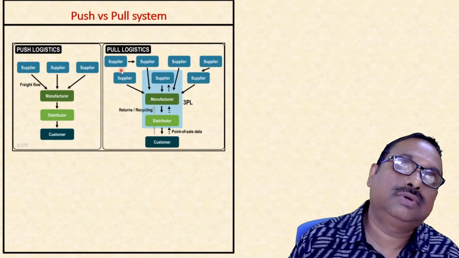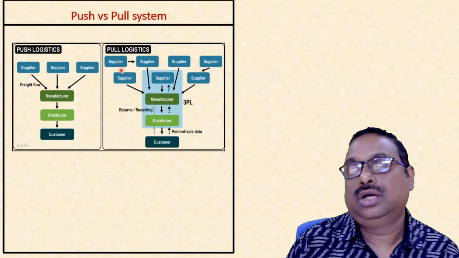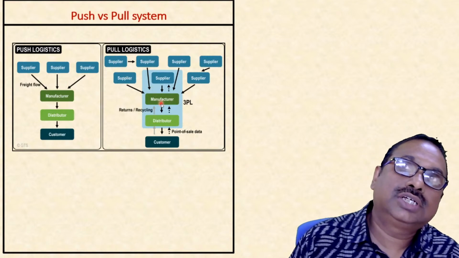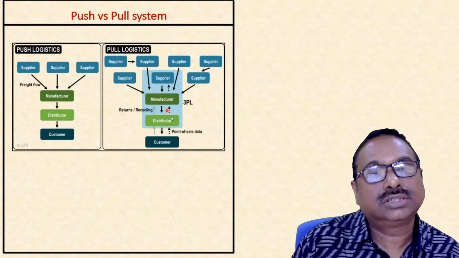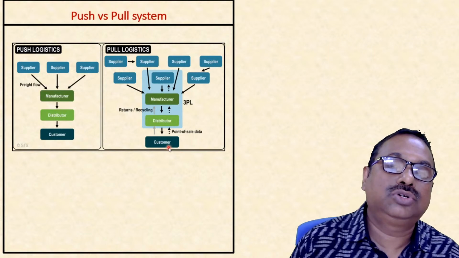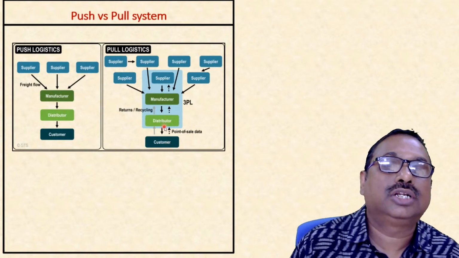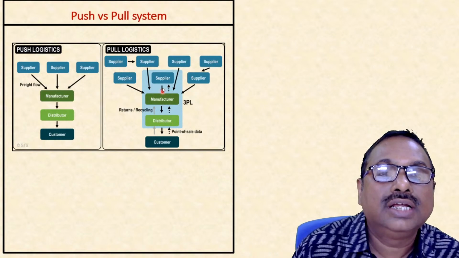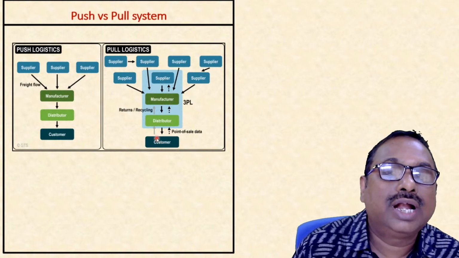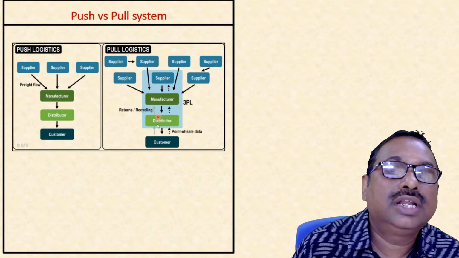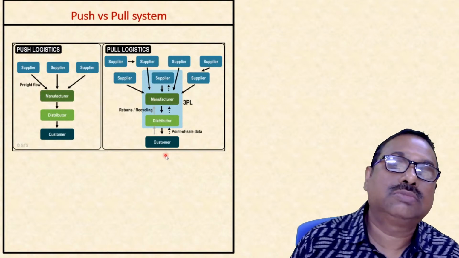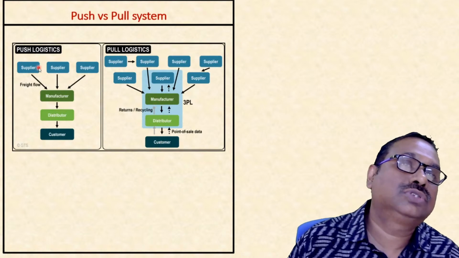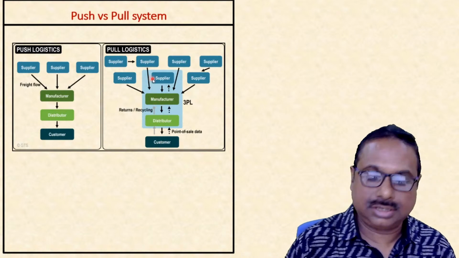All the raw materials and components come to the manufacturer, who manufactures and distributes to the customer through intermediaries. So this is the information flow, the dotted line. This is the product flow, and the faint one is the reverse logistics. Suppose the customer is returning something, this is reverse logistics. So this is push logistics, pull logistics.